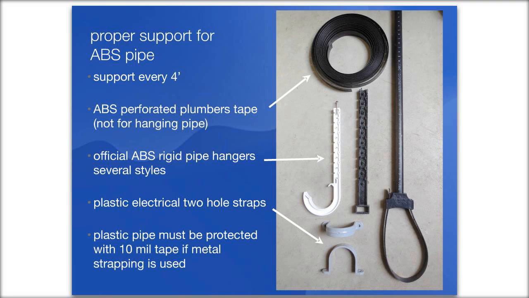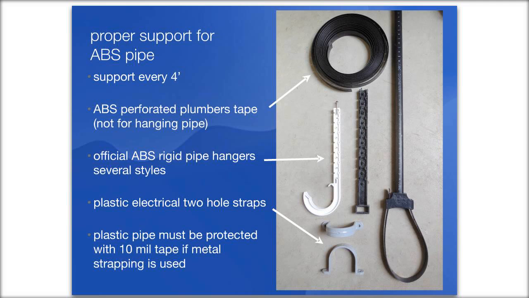If you can use ABS perforated plumber's tape, it's plastic tape. You cannot support the pipe with that. You cannot hang it from that, but you could use that to hold it tight against something or to stabilize it. And if you want to use a tool-hole strap, which is the little gray ones down there at the bottom of the picture, technically you're not supposed to use metal strapping on plastic pipe.